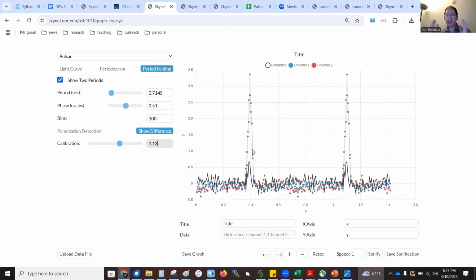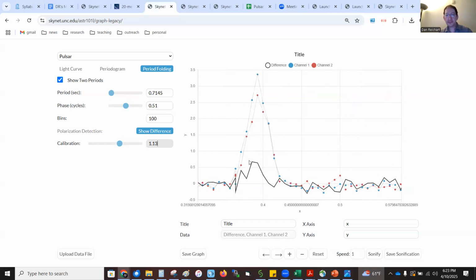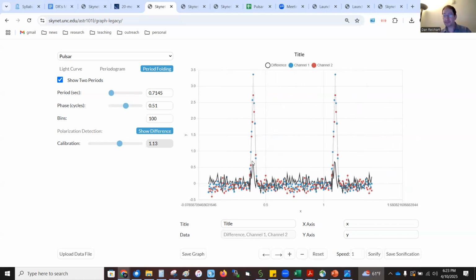Okay, so now the 2 channels are calibrated, and indeed with the difference, we see a signature. If we zoom in here, we're detecting more in one channel and it's leading the other. So we get this bump here. So that's telling us that it's polarized and hence magnetically field driven. This is curvature radiation, not something like thermal.